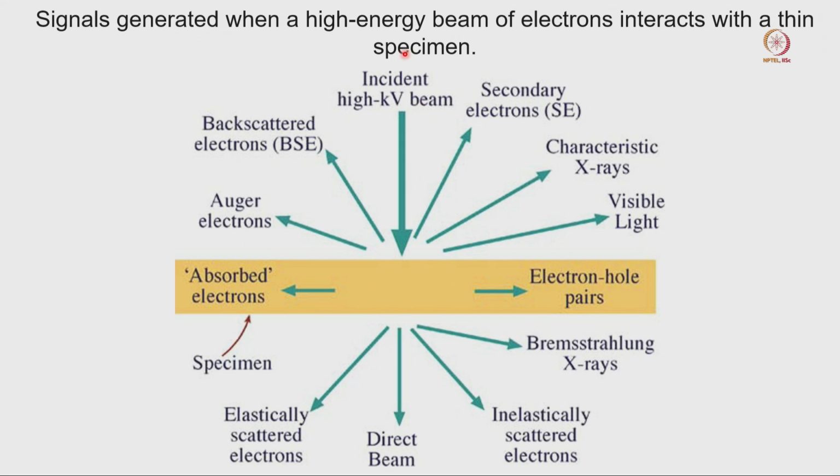So, if electrons are absorbed, that is bad for the sample. If the sample is not very thin, chances are very high that the incident electron beam will interact and a lot of energy will be absorbed, and that will damage the sample.